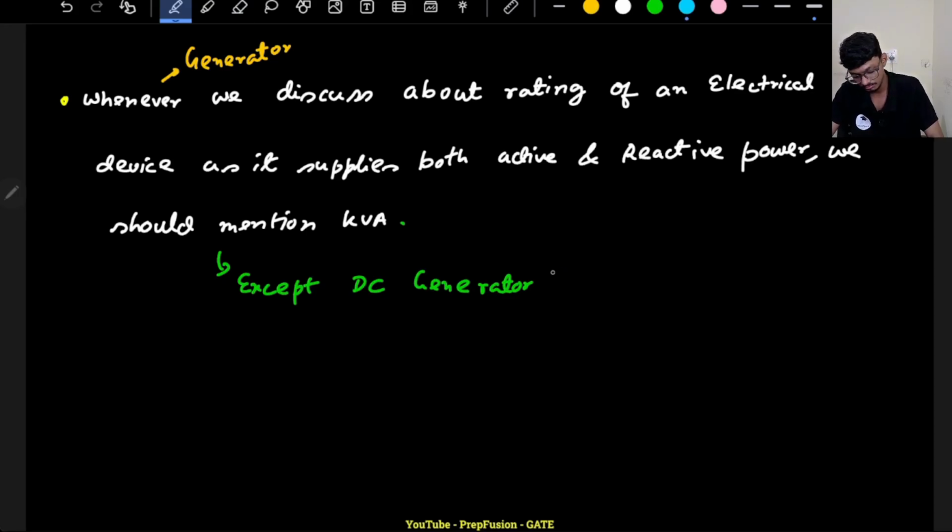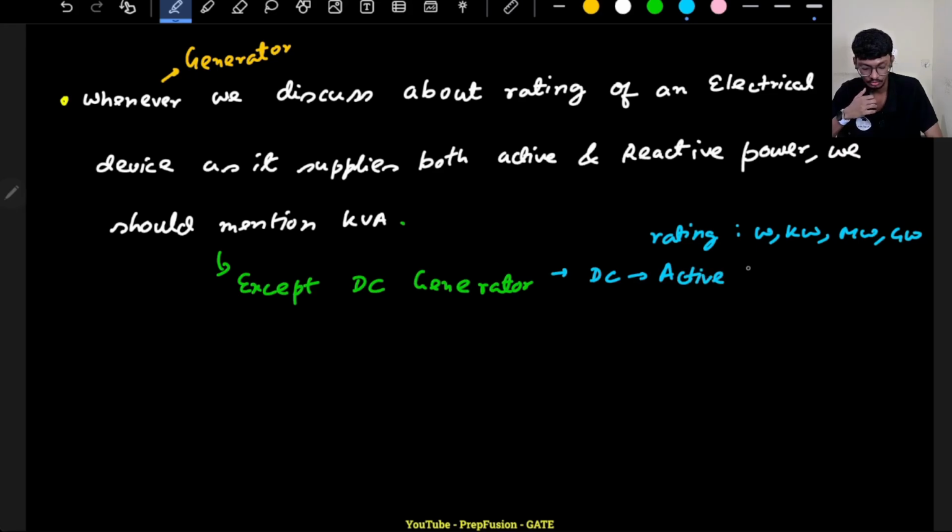As the output is DC, kVA and kilowatt will be the same because there will not be any reactive power. So in case of a DC generator, my rating will be in watts, kilowatts, megawatts or gigawatts, because a DC machine only delivers active power.